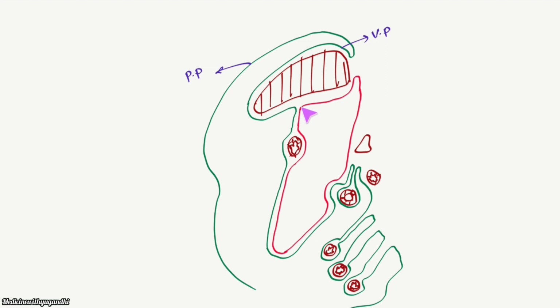As I already mentioned, from the porta hepatis two layers of peritoneum slip off and form the lesser omentum, that is the anterior layer and the posterior layer of the lesser omentum. So this one is the lesser omentum, connecting the liver with the stomach, and it is attached to the lesser curvature of the stomach.